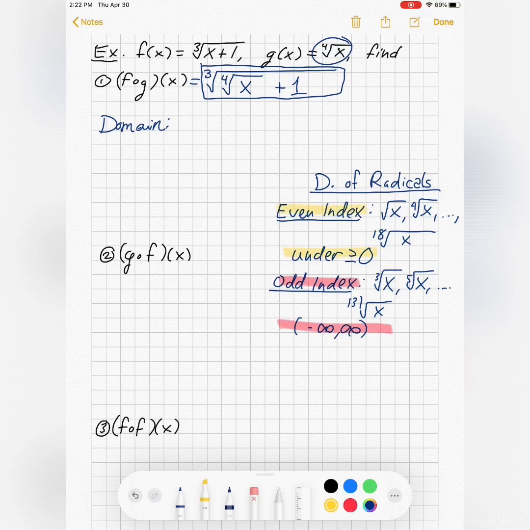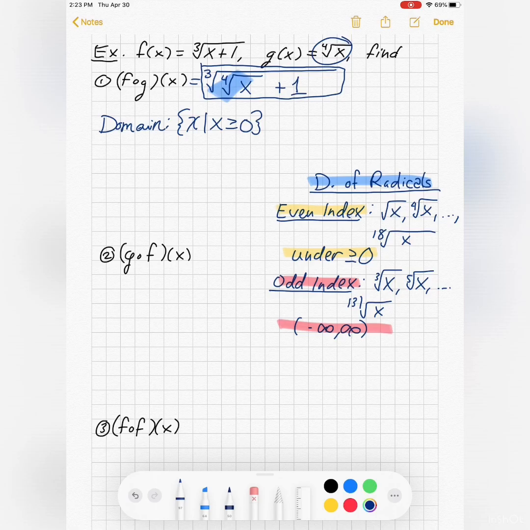So I really only have to be concerned about roots with an even index. So when I'm looking back up here at my composition, I have that 4th root. So whatever is underneath that 4th root, in this case just x, has to be greater than or equal to 0.